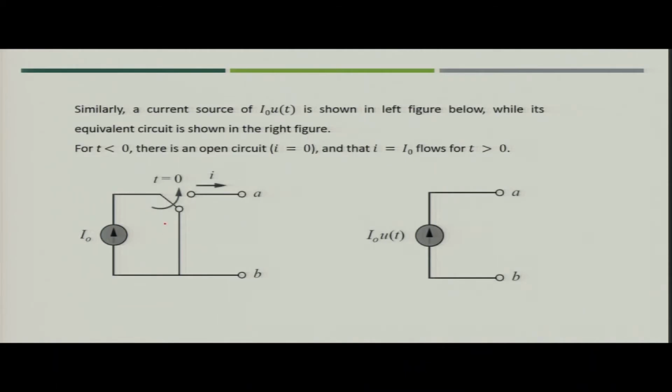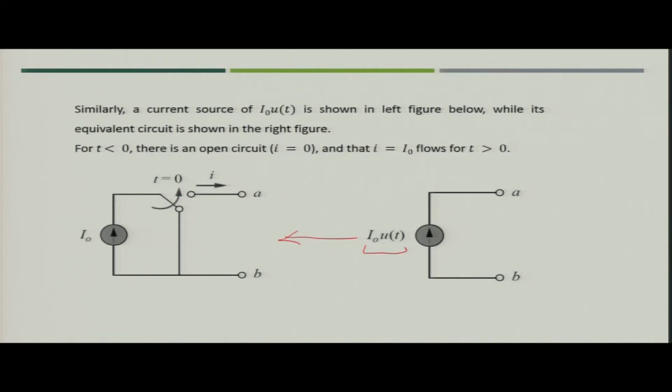Similarly, for current, let us say that the current source is I naught multiplied by the unit step function. So, I naught u(t) is the current source which is connected between terminals A and B. If you want to represent it through a switch, this would be the circuit.